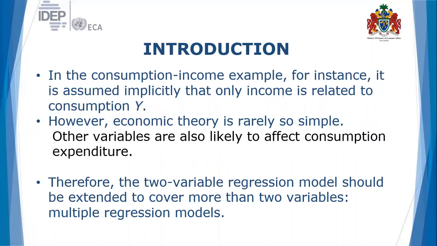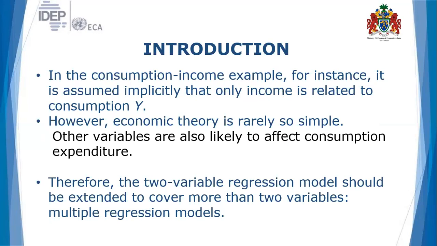As a matter of introduction, we may recall that in the consumption income example that we talked about earlier, it is assumed implicitly that only income is related to consumption.